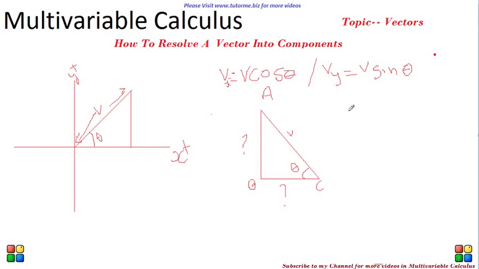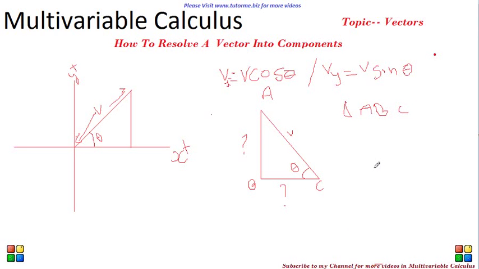So in triangle ABC, what is really happening here is we have one angle, we have one side, and we need to find the rest of the sides. So how do we do it? To find AB, we need a ratio of one trigonometric expression including theta.